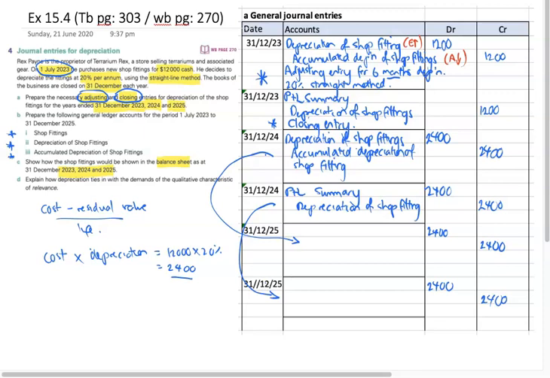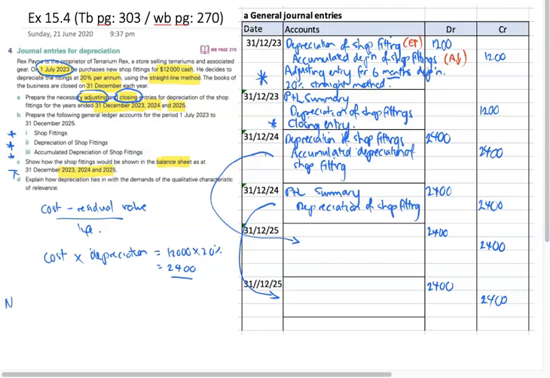Now, the bit that we're going to do is think about what our balance sheet would look like for 2023, 2024, and 2025. Now, that looks intimidating, but really, it's quite an easy bit of work. We've done the hard bit.